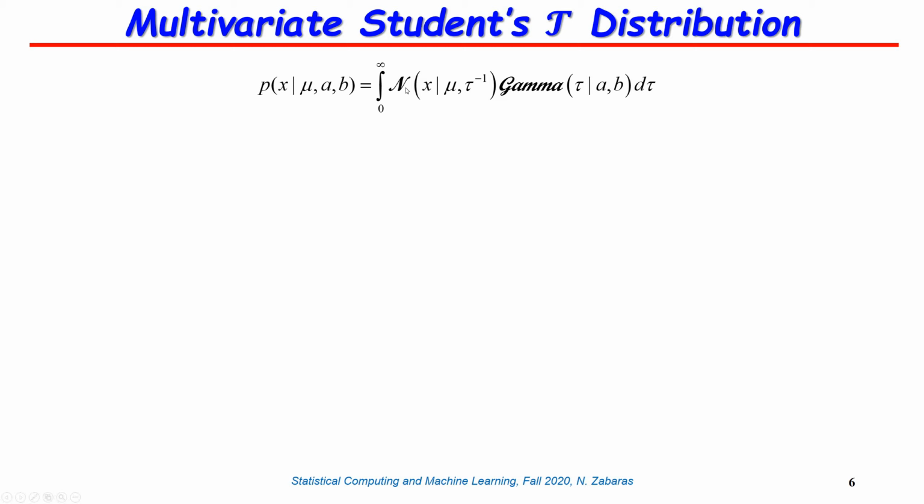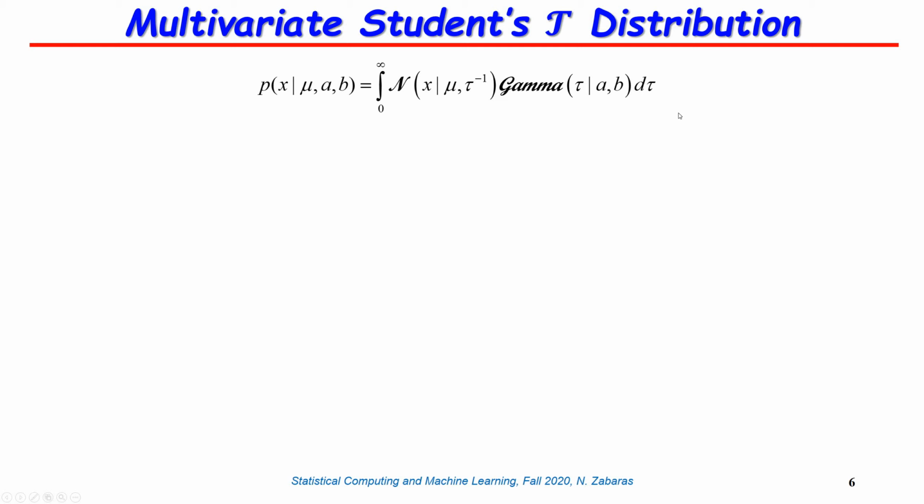So obviously our approach to define a multivariate Student t distribution is somehow to use the multivariate Gaussian here and average the variance, the covariance, with some gamma distributions. Of course, the gamma distribution is for scalar variables. You remember tau is positive, a scalar variable. So if I have a matrix here, I will not be able to use the gamma distribution to do this averaging. It is not going to work.